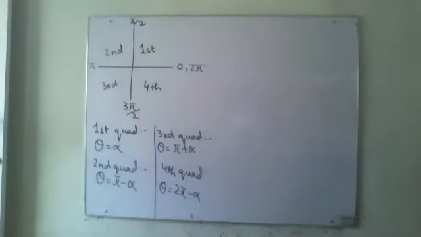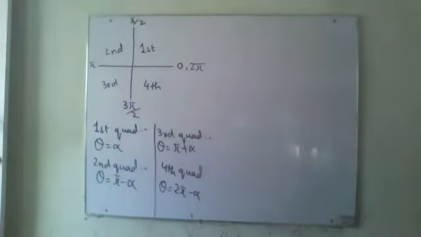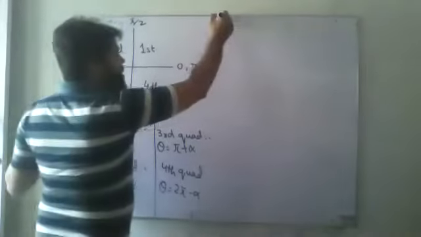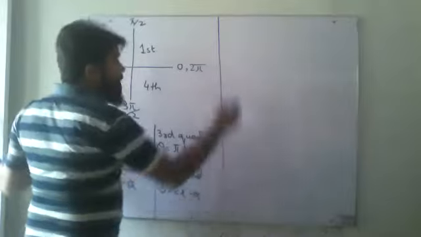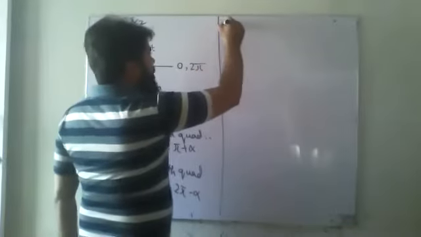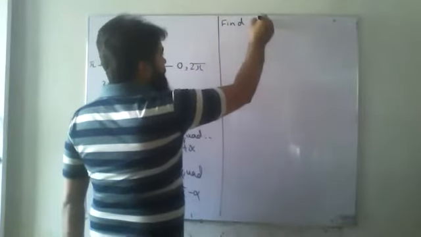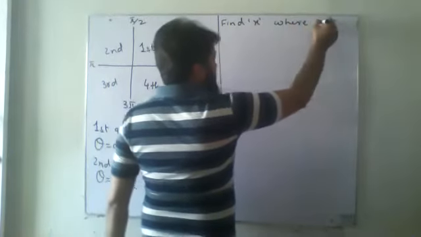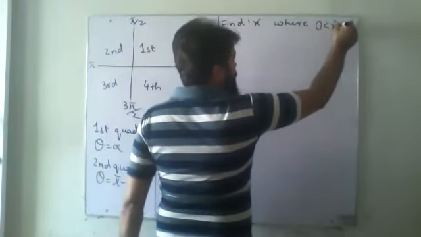Okay, so according to this, now we are going to solve our questions and get the results. For instance, they are giving me: find the value of x. Find x where x lies between 0 to 2 pi.